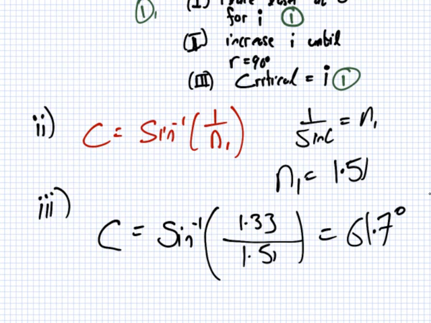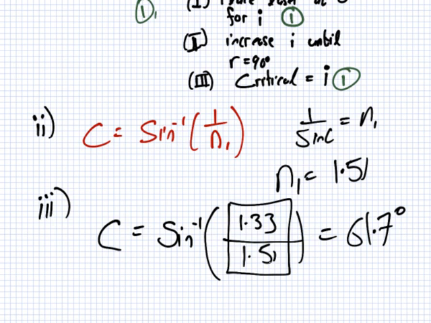Now you might be thinking, Stephen, you did that too quickly because you have to think carefully. What's the n1, what's the n2 and all this. And I said, no, I don't have to think carefully because it can only be this way. It can't be the other way. Mathematically, it's impossible to get the sine inverse if the bigger number's on the top. So I don't even have to think.